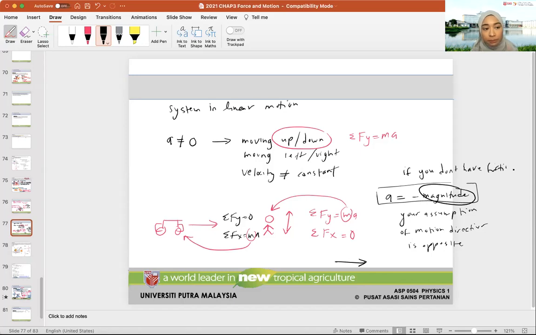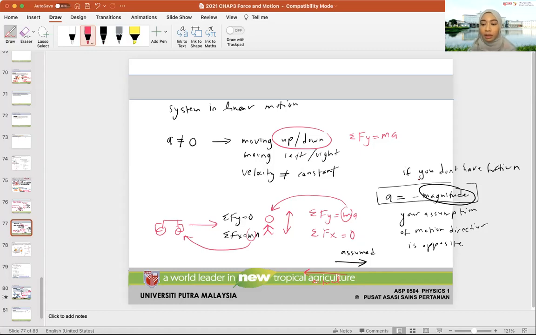Okay, again, I'm going to repeat myself here. Your acceleration, when it's negative, means that your assumed motion is terbalik. It is in the opposite direction sepatutnya. So this is the actual motion. But the magnitude should still be the same walaupun arah terbalik.